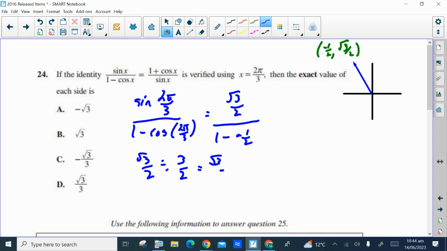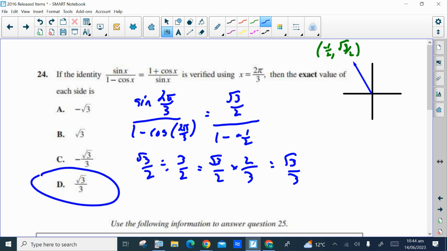And to divide by a fraction, we multiply by the reciprocal. The 2's cancel, and you'll get root 3 over 3. Had you evaluated the right side instead of the left, you should have got the same answer.